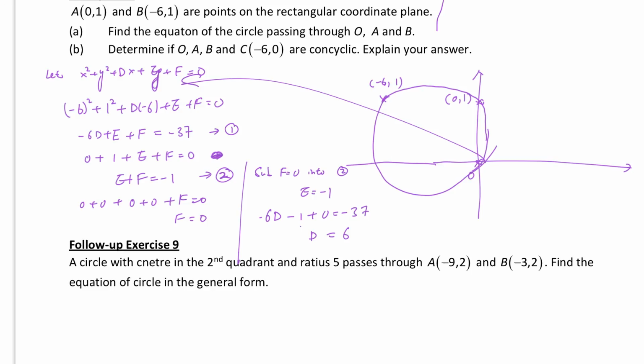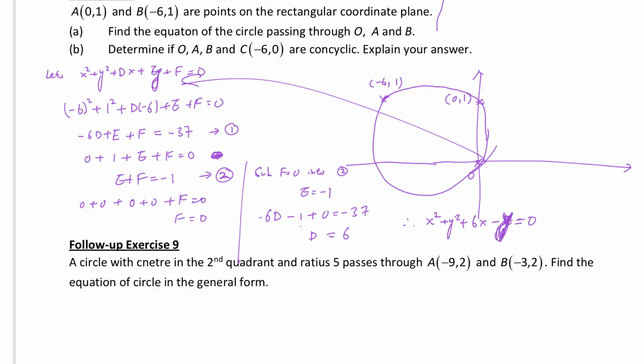After finding the values of D, E, F, done, because I can find the equation of circle. So the equation of circle is x squared plus y squared plus 6x minus y is equal to 0.